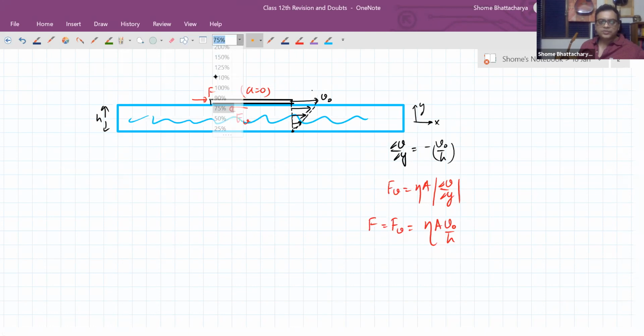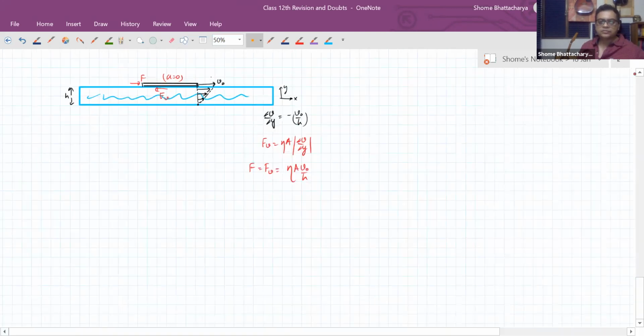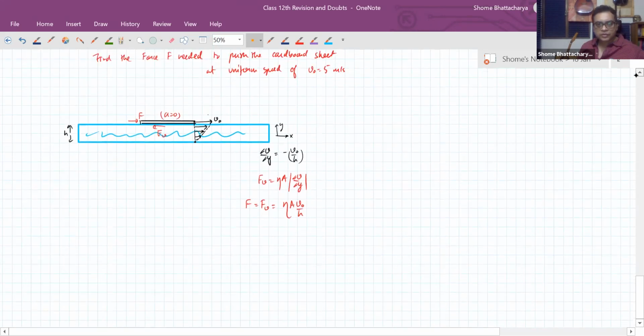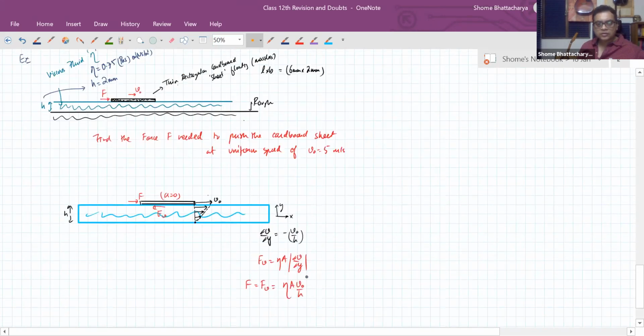Now it's pretty simple. Just have to substitute the values. The coefficient of viscosity was 0.75 in SI units. Area will become how much now? 12 into 10 raised power minus 6. And this delta v by this will be 5 divided by 2 into 10 raised power minus 3.